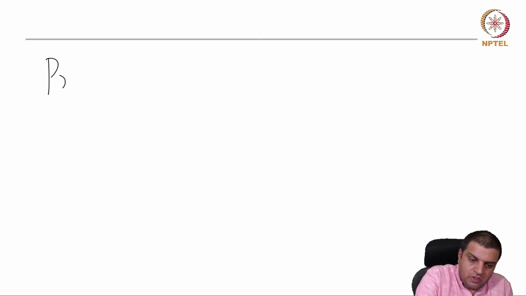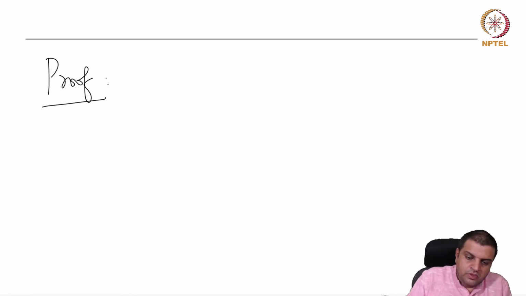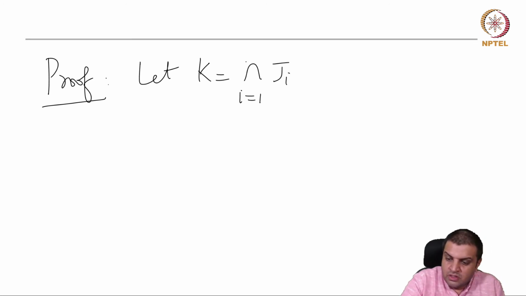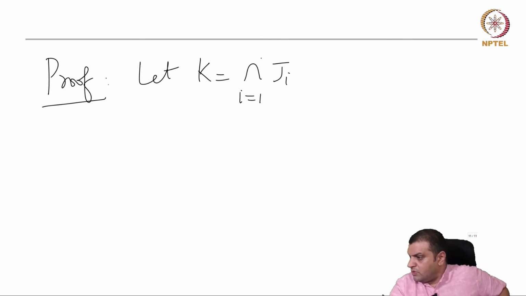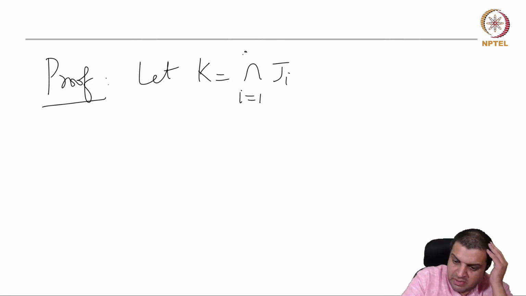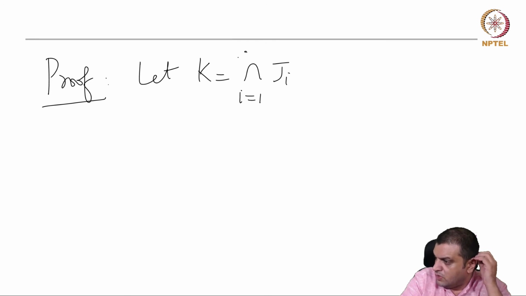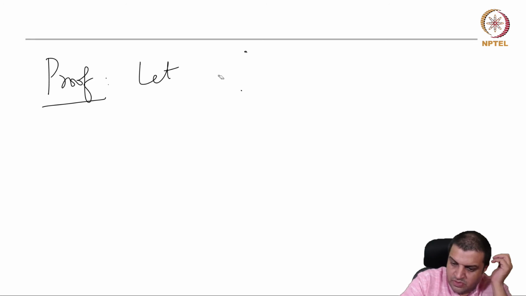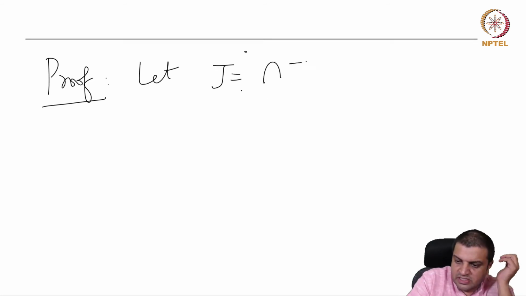So proof. Okay. So let J be the intersection of the J_i, i goes from 1 through s.